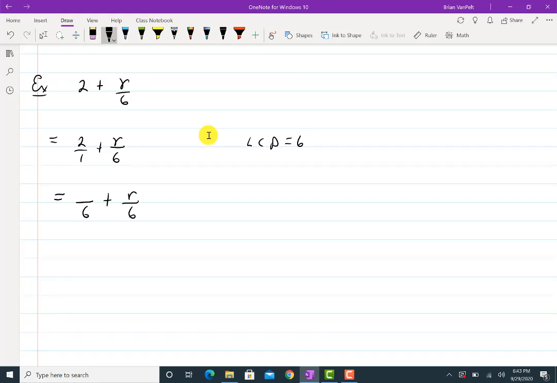So what I have to do here, it's easy. Multiply 1 by 6 to make it into a 6. So I will multiply this 2 by 6. And I'll get 12 over 6 plus r over 6. And there's really not a lot of simplifying that I can do. I'll just do 12 plus r over 6.